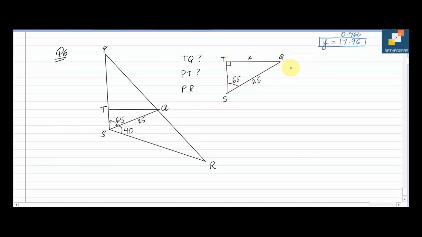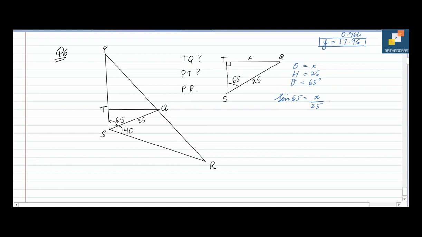So first thing, the data. Opposite is X, hypotenuse is 25 and angle is 65 degree. Now opposite and hypotenuse comes in sine, so sine 65 is equals to opposite X divided by hypotenuse 25.